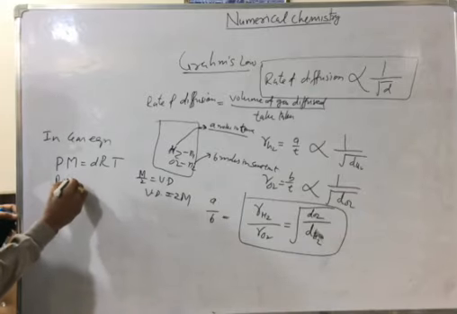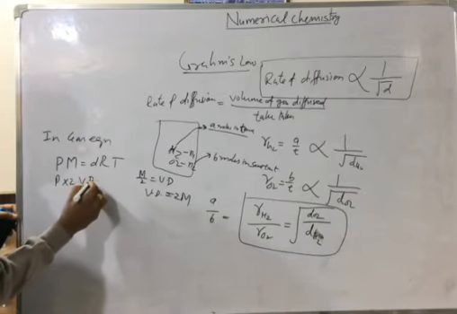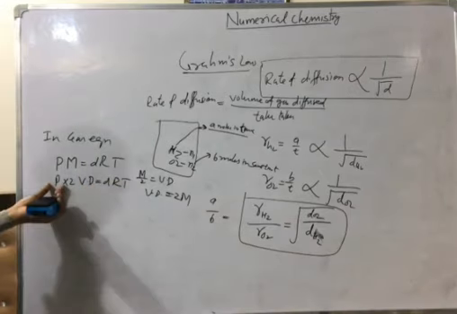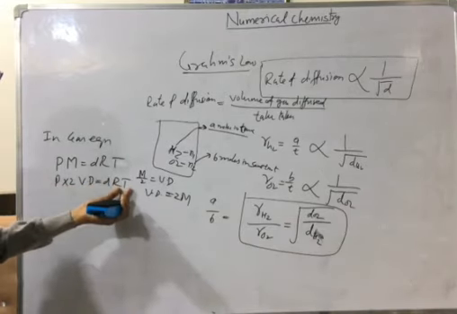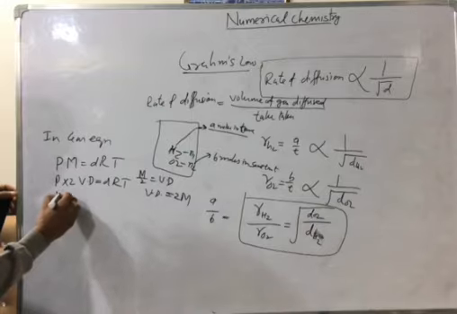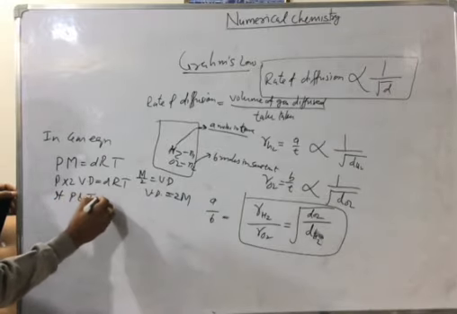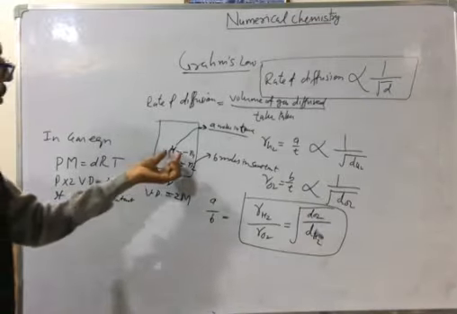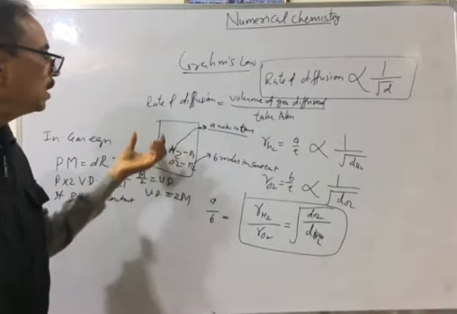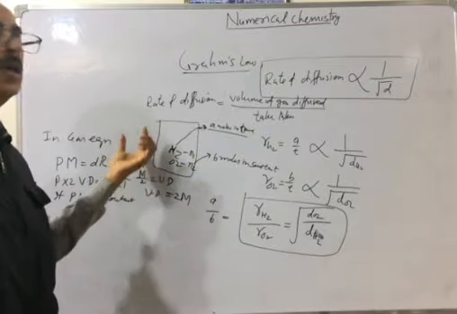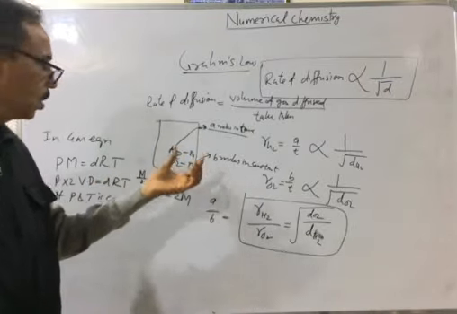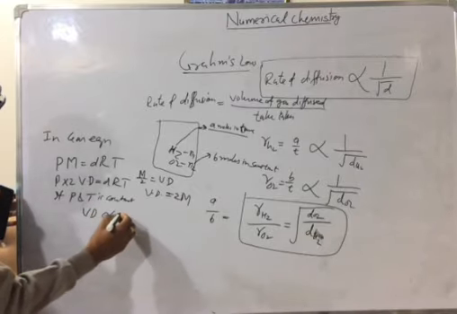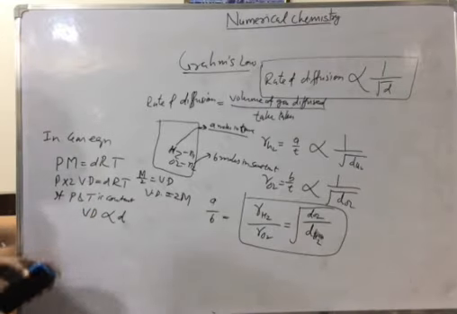So P into 2 vapor density equal to dRT. If pressure and temperature are constant, if hydrogen or oxygen or any two gases are in the same vessel, it means temperature and pressure are the same for both. So vapor density is directly proportional to the density of the gas.